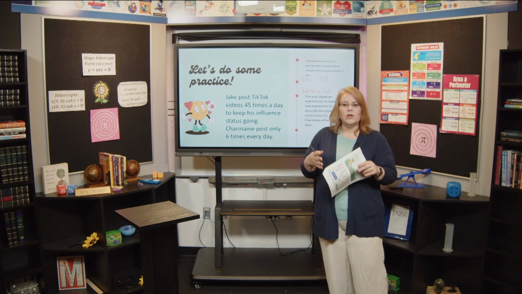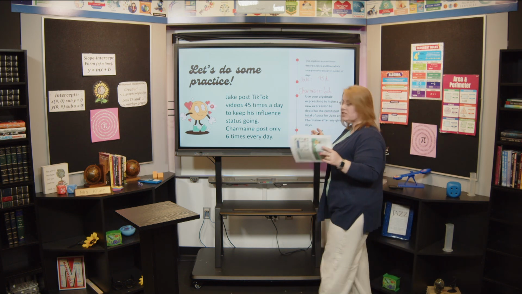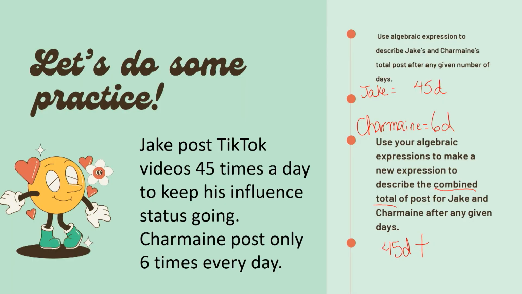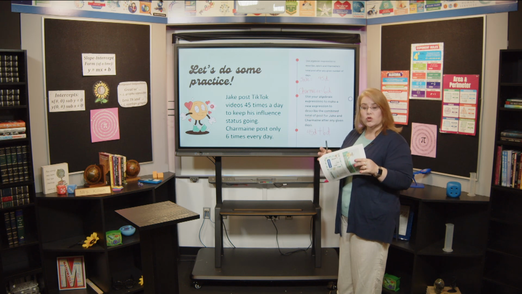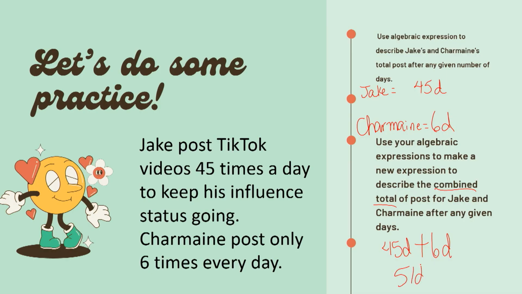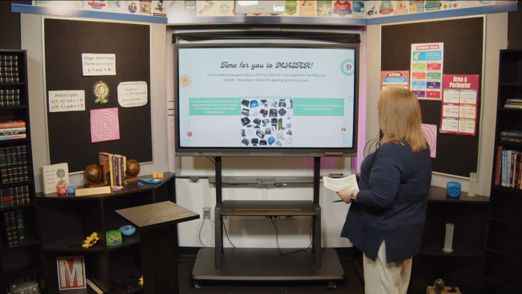If you combine, what do you do? You add together. All right, so I'm going to take Jake's, which was 45D, and I'm going to add Charmaine's, which is 6D. So I could say their combined totals would be what? 51D. Exactly right. Y'all are getting really good at this. All right, so let's see what's next.